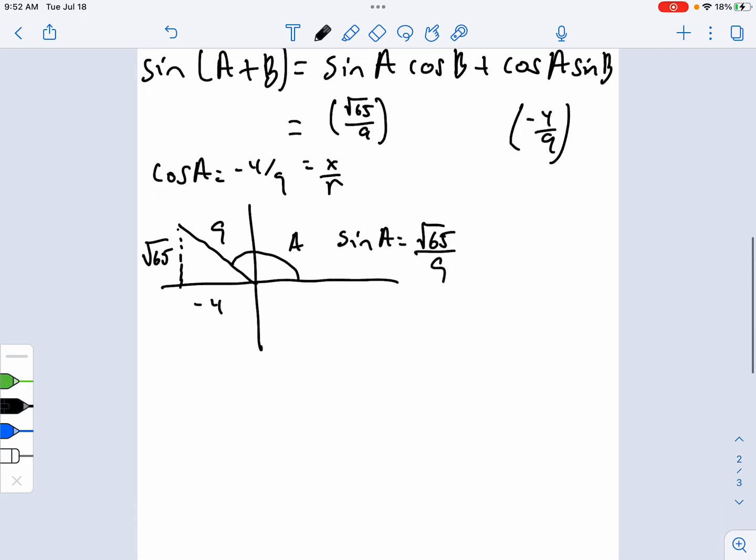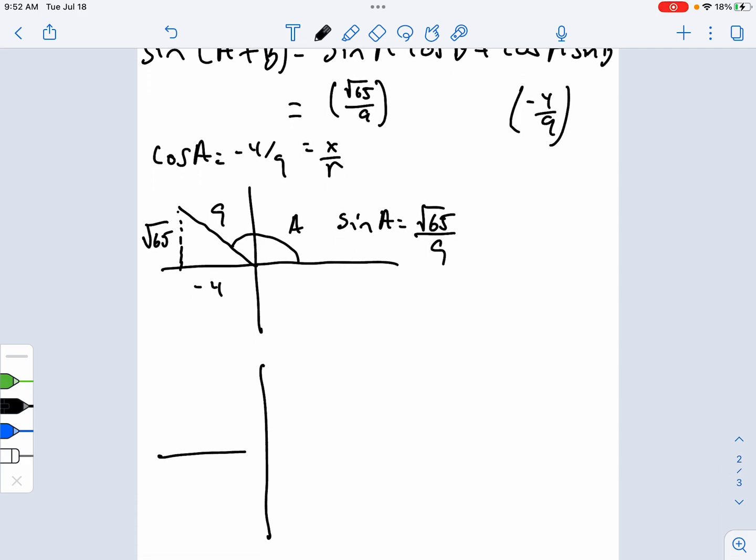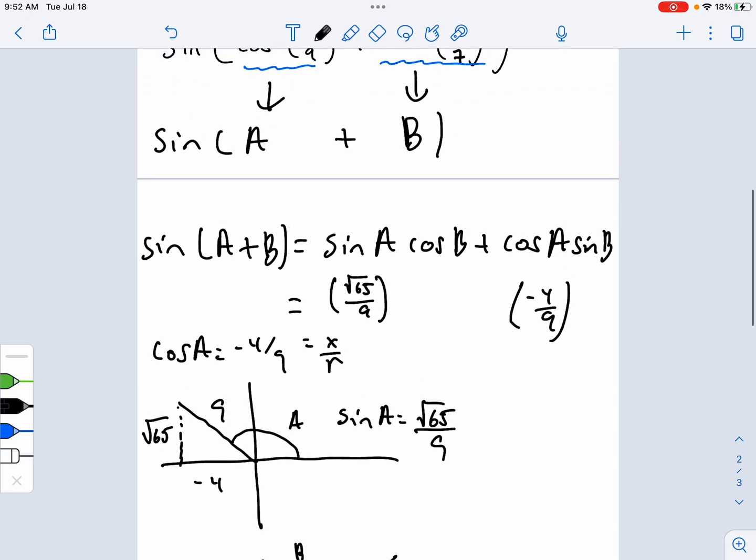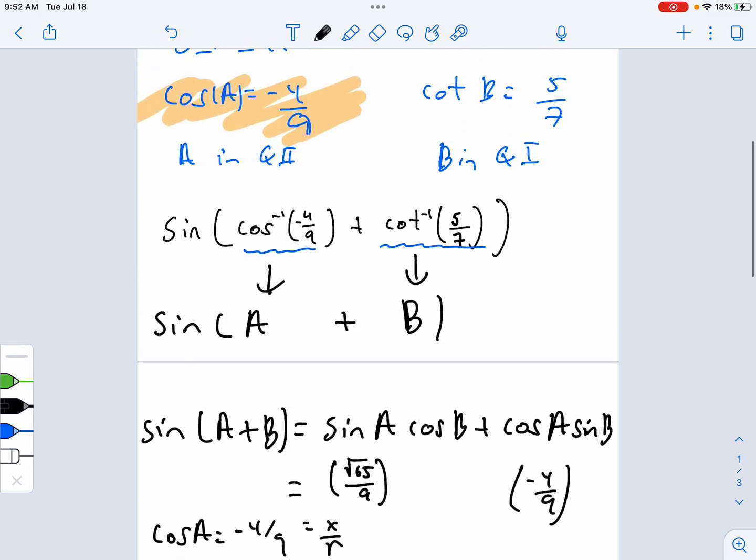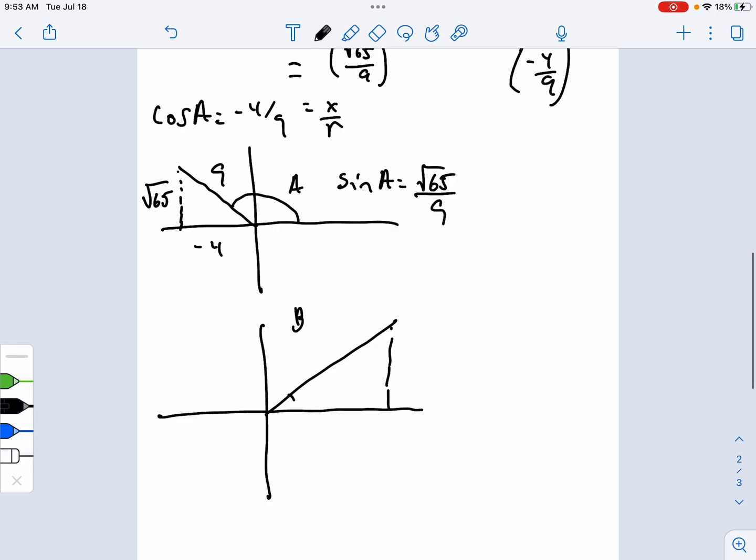Now for the values of B. We derived that B is in the first quadrant, and as I said, the cotangent of B is 5/7. Cotangent is x over y, so this is x, and this would have to be y.